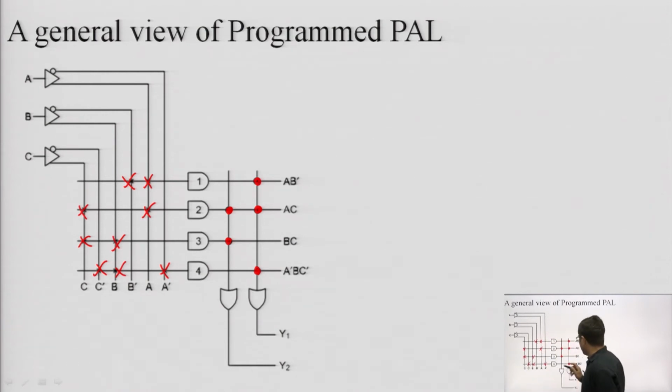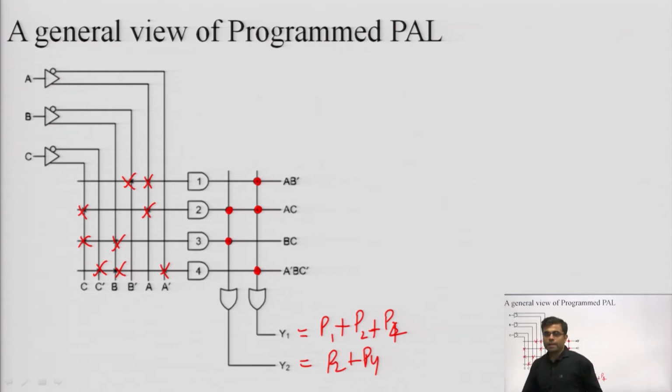You can see that y1 is equal to p1 plus p2, let's say p1, p2, p3, p4. So y1 is p1 plus p2, and y2 is p3 plus p4, sorry, p2 plus p4.